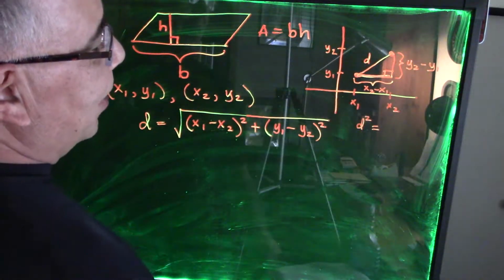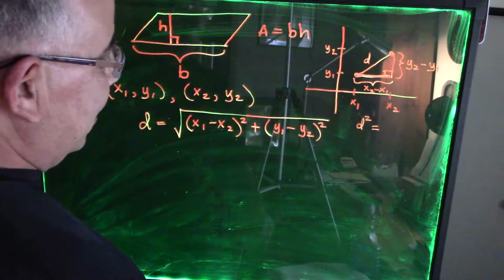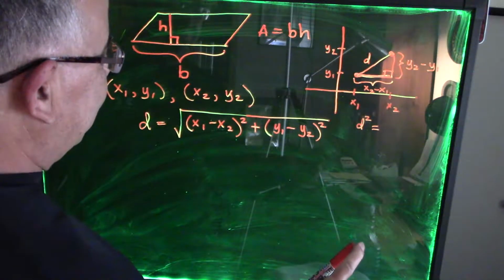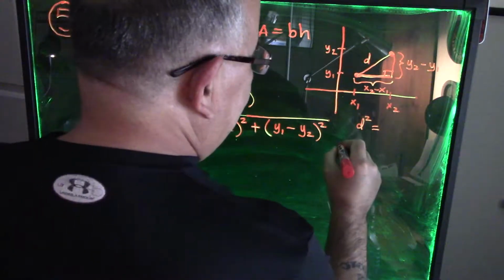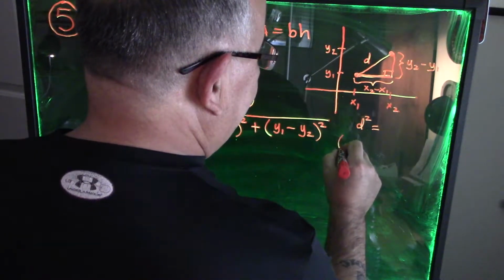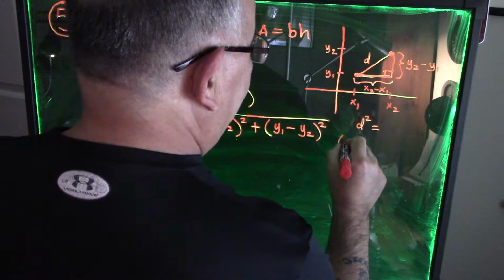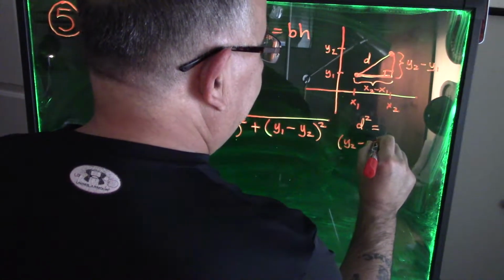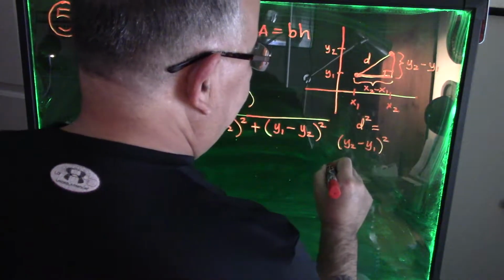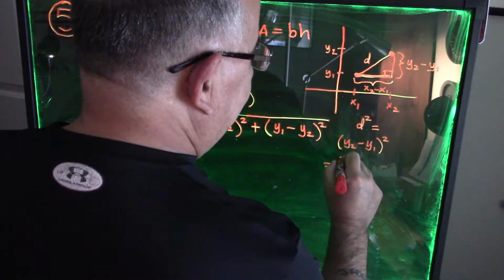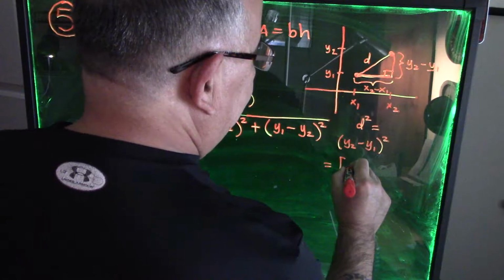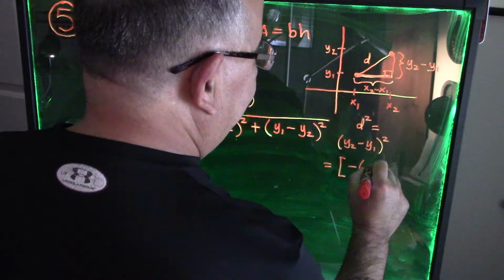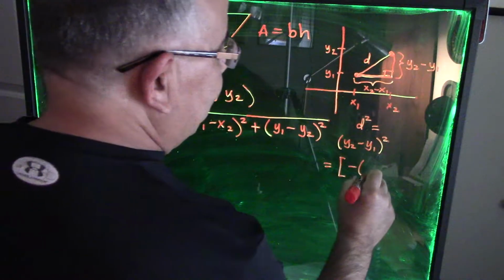Now, notice the order it's written, x1 minus x2. Over here you got x2 minus x1, same with the y's. Is that going to make a difference? No. Because if you take y2 minus y1 squared, that equals, bracket, I'm going to put a negative, and then factor out a -1 from these two.